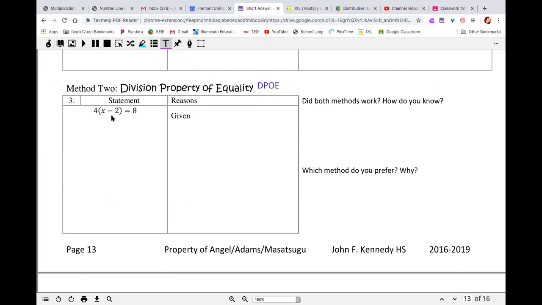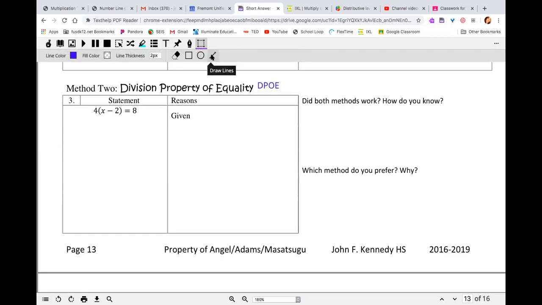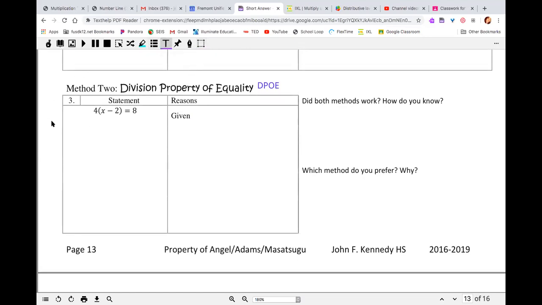This is actually my preferred method. I like this one better because this says 4 times the group, correct? Because we're timesing the whole group, and let me make sure I write this here from an example.